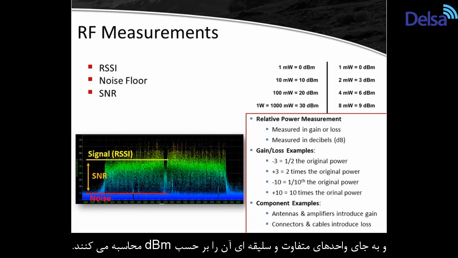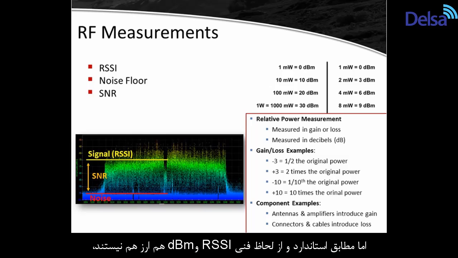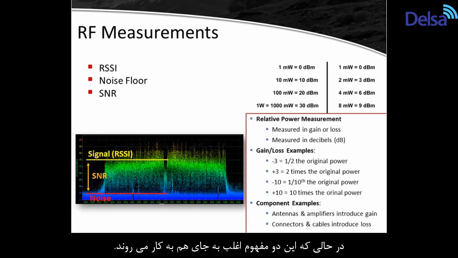And oftentimes they're reporting it in dBm instead of reporting it as some arbitrary value. So RSSI has kind of evolved over time, and today people will use the term in direct exchange for dBm. But technically, according to the standard, RSSI is not equal to dBm, and dBm is not equal to RSSI. But you'll see them used interchangeably a lot when people are talking about signal strength.